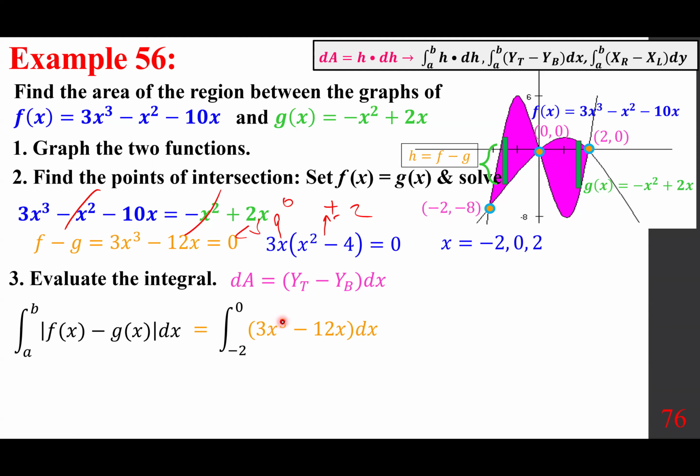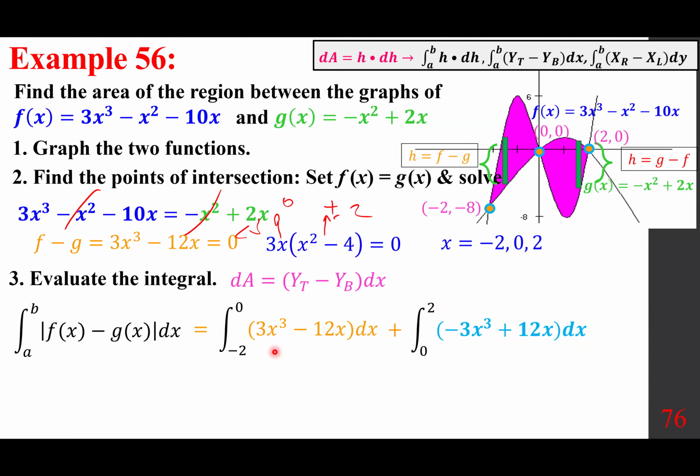Okay, so the difference of the two is 3x cubed minus 12x dx. But for the next part, from 0 to 2, the parabola is at top. So you are going to subtract this one from this one, so you get the opposite of that. Okay, this one is g minus f. So from 0 to 2, you have minus 3x cubed plus 12x dx.